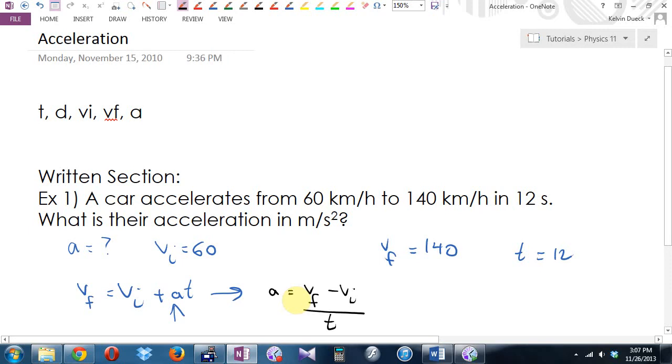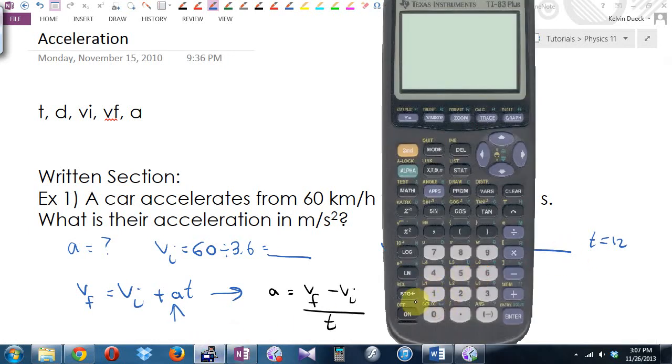What's the shortcut? How do I go from kilometers per hour to meters per second? Turns out it's divide by 3.6. So 60 divided by 3.6 is what? 16.66.